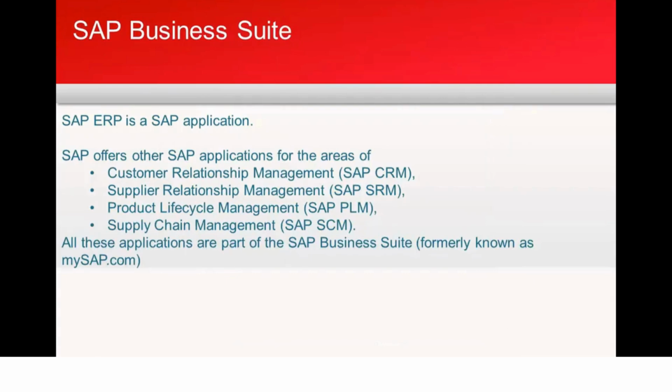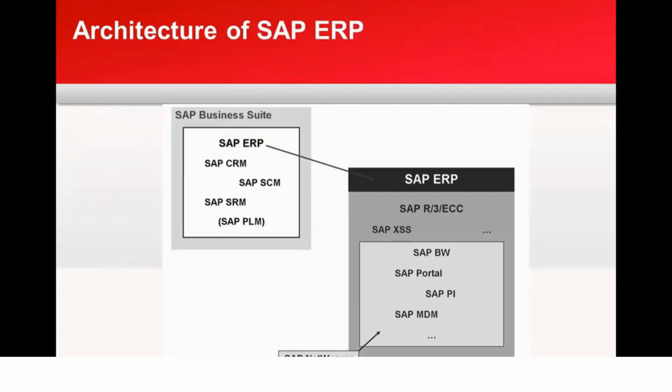So SAP ERP is an SAP application. SAP offers other SAP application servers in the areas we saw: CRM, SRM, and PLM, which is product lifecycle management. All these applications are part of the SAP Business Suite, formerly known as mySAP.com.